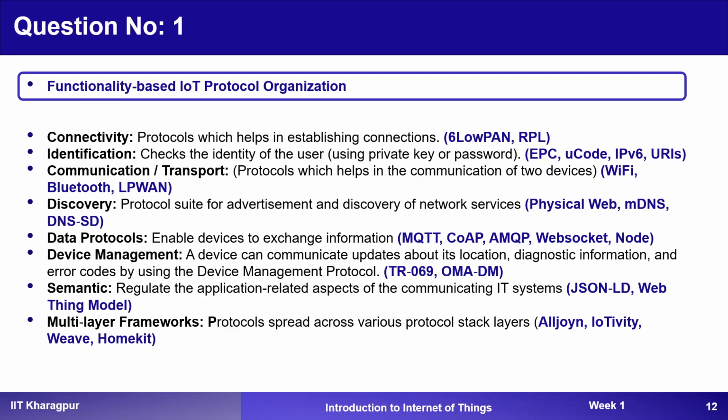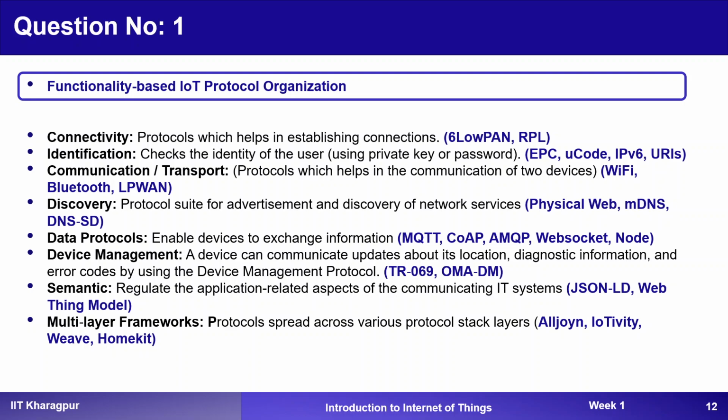So to ensure privacy, we need to allocate identity to each of the devices, and in order to check their identity we need some protocols, right? So these identification protocols are responsible for providing this, and this identification can be provided with the help of your password, private keys, those things. The examples are EPC, uCode, IPv6 and URLs.